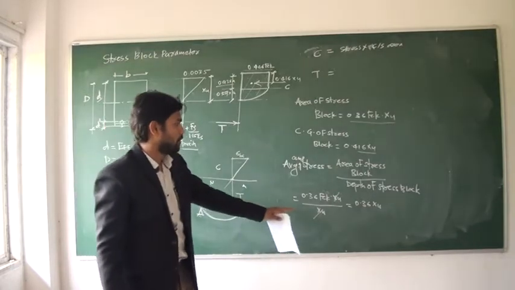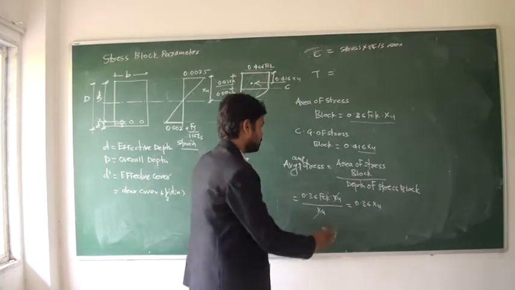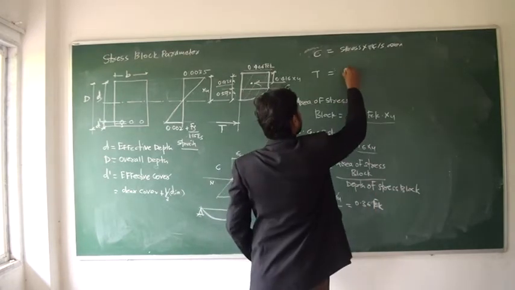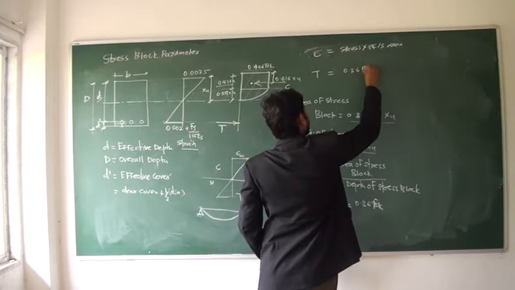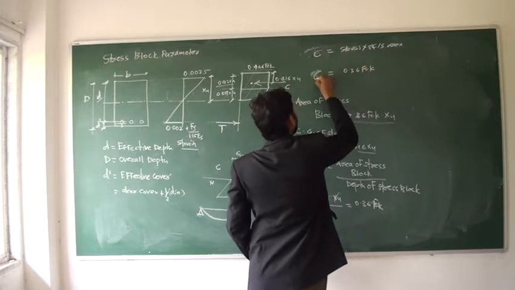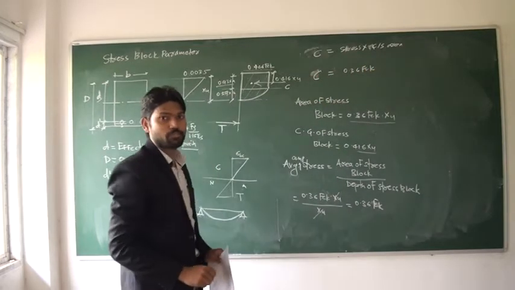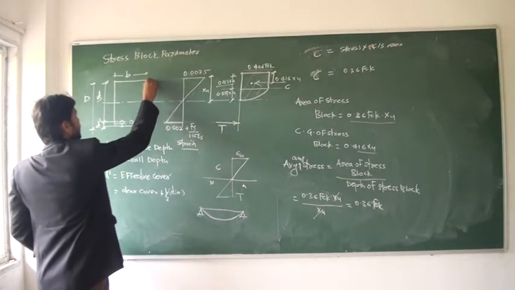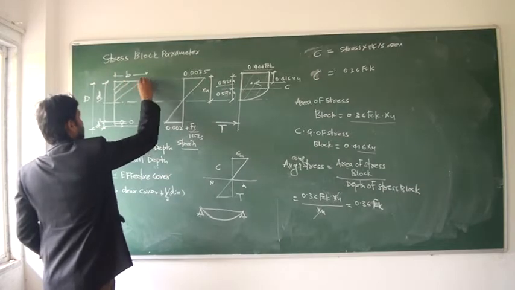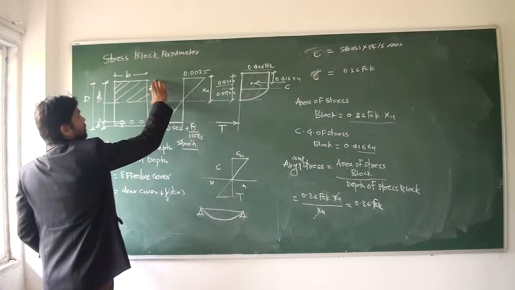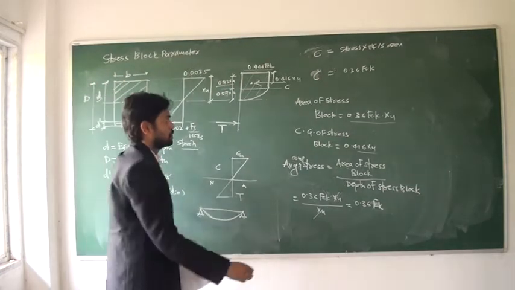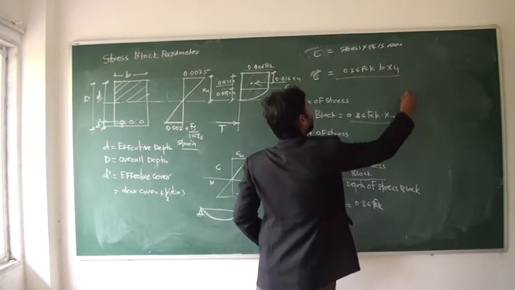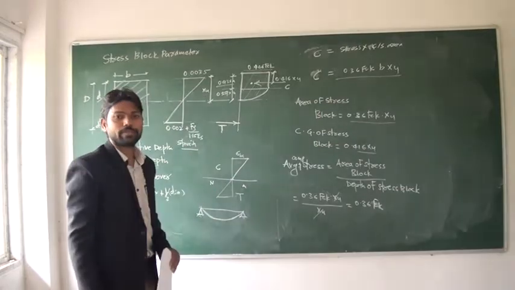What is the stress? 0.36 FCK is the stress. And what is the cross sectional area? This is B, the cross sectional area under compression, B multiplied by this depth XU. So B multiplied by XU. This is compression.